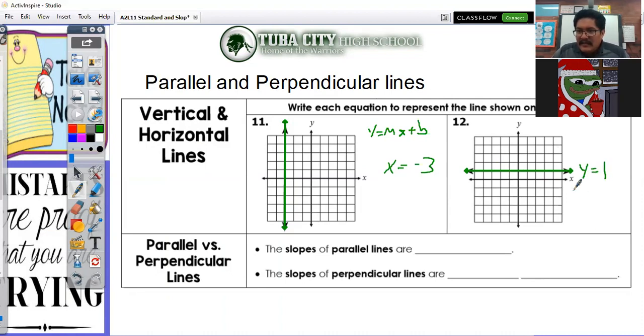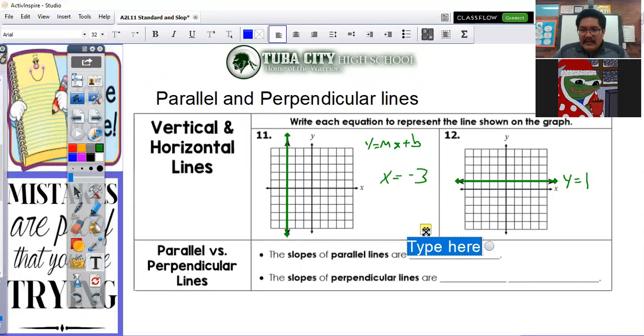So in this case, y just equals 1, and y is always going to equal 1. If I put in 4 for x, y will be 1. If I put in -2 for x, y will also be 1, and it's true like that forever in both directions.